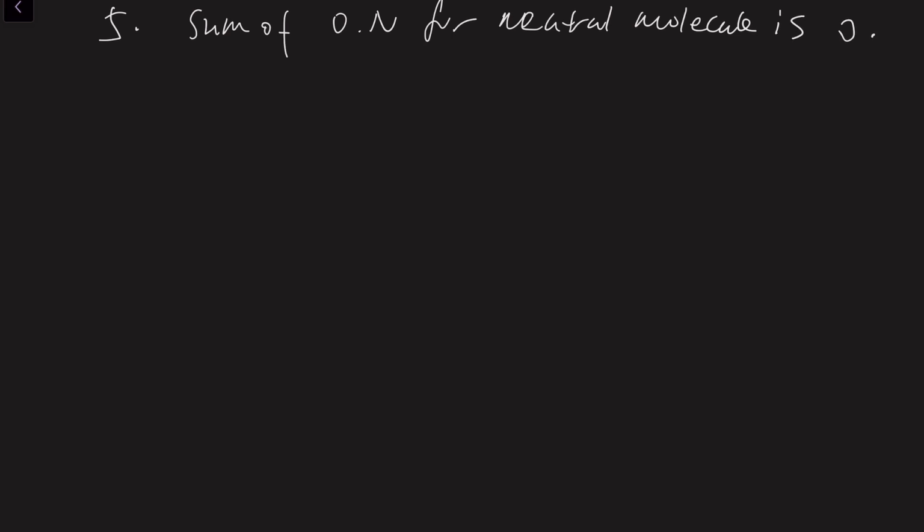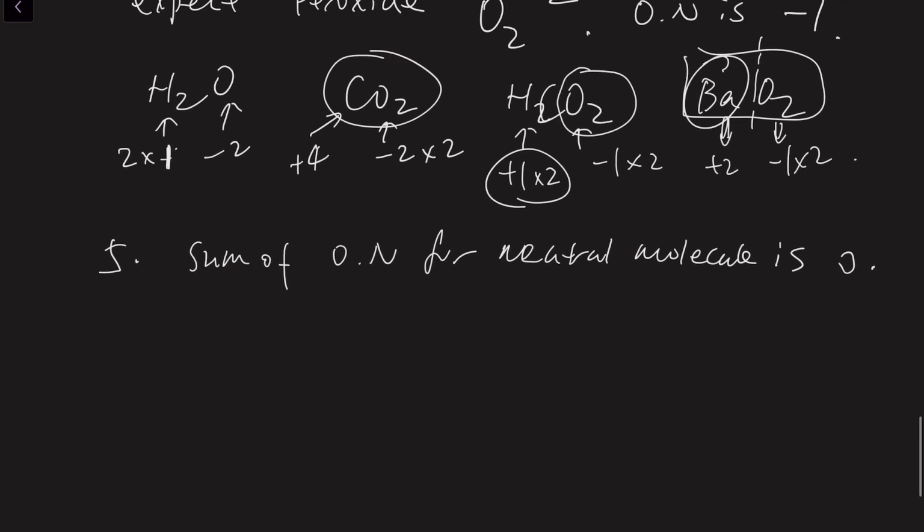Rule number 5. The sum of oxidation numbers for a neutral molecule is 0. So I have actually used rule number 5 to explain this to you.